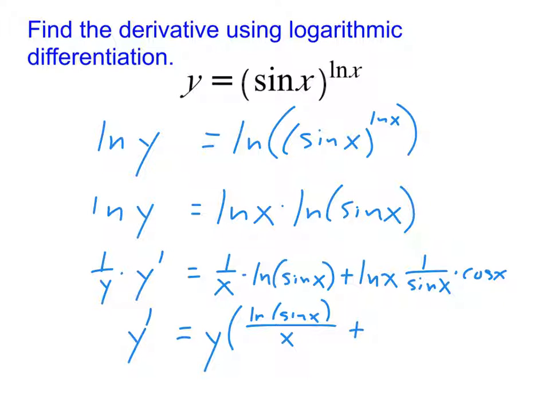The cosine over sine, I can simplify that a bit, right? Cosine over sine equals cotangent. So I'm going to go ahead and go there because that seems a bit simpler to look at here. So natural log of x times cotangent x. If you chose to leave it as natural log of x times cosine of x all over sine of x, that would be okay, that would still work out.